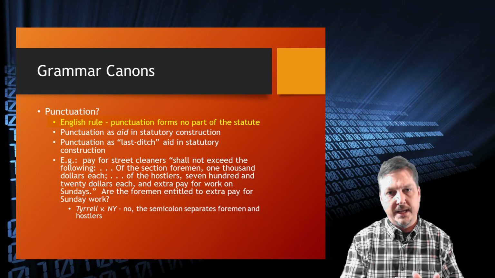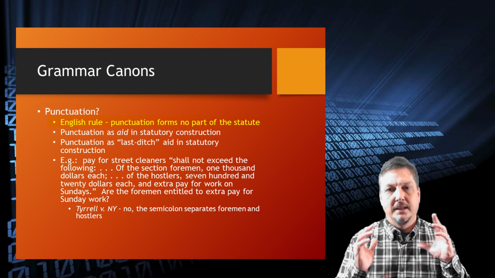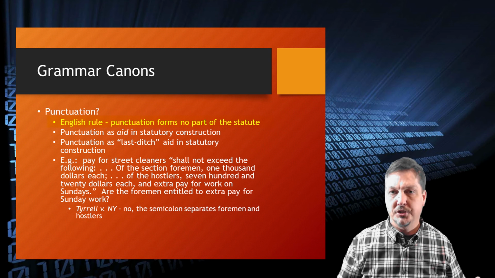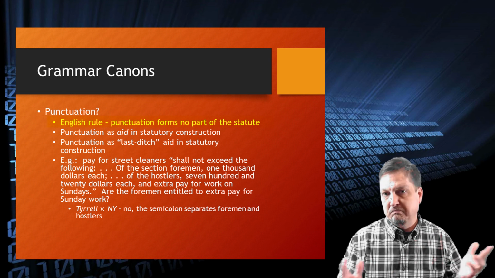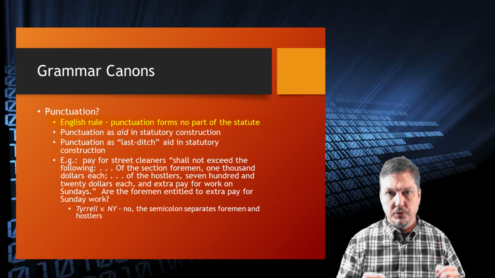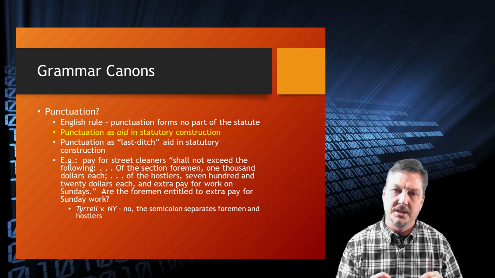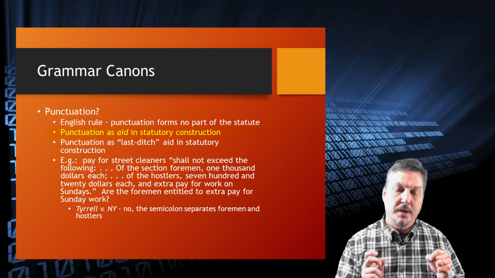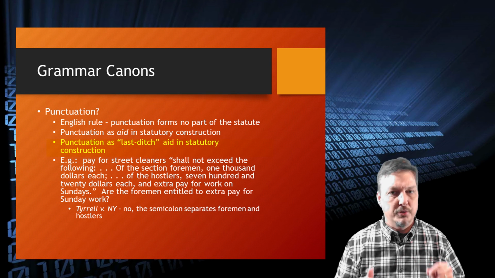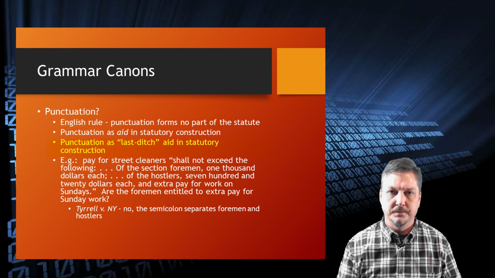So the original thing, as transcribed before the clerk formally enrolls it, didn't have punctuation. So the English rule: punctuation is no part. Now the modern rule really is that punctuation is used as an aid in statutory construction, perhaps even as a last-ditch aid. But punctuation is not necessarily absolute.